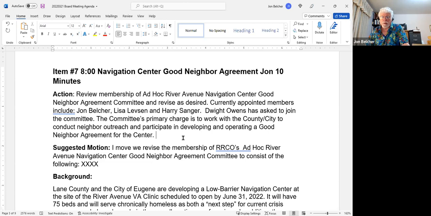That agreement is created by all the players: the county and the city in this case, the social service providers who will be working with the individuals, the neighborhood association that's affected, and the people who are going to be in the program themselves also agree to it. It defines how we're going to behave with each other, and also, when issues arise, and they're almost certainly guaranteed, that we have a predefined process to resolve them.